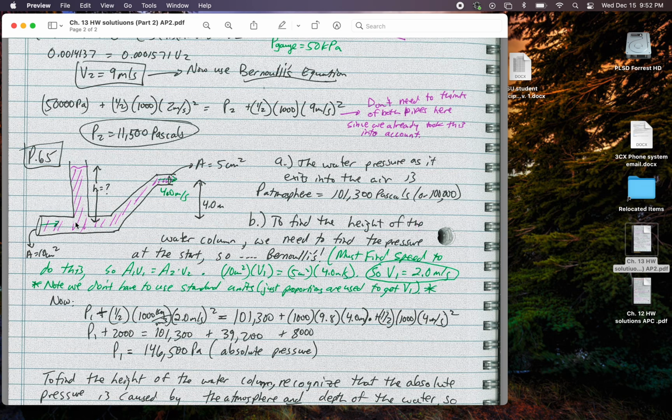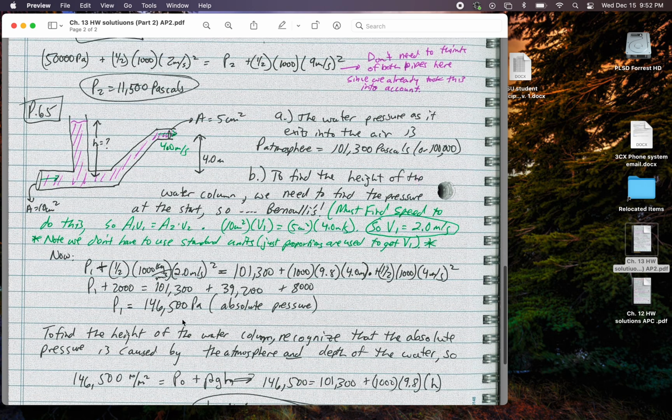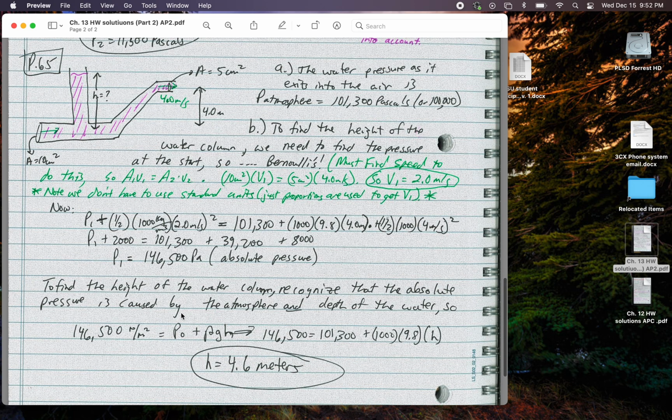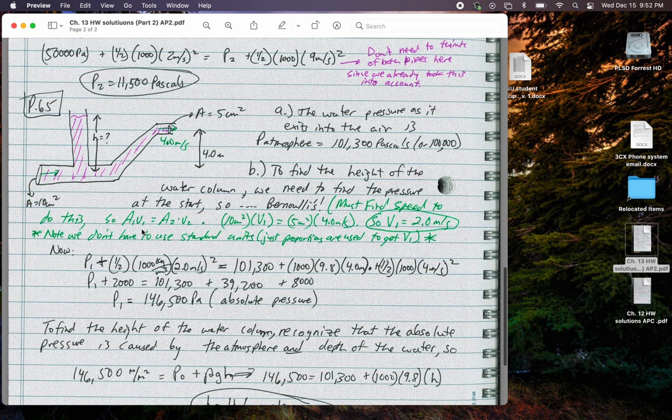That's the absolute pressure. Well, the atmosphere is still 101,000 up here, so I can figure out that the absolute pressure minus the atmospheric pressure would equal rho g h. So this gets back to P equals P naught plus rho g h. And so that says that this height has to be 4.6 meters.